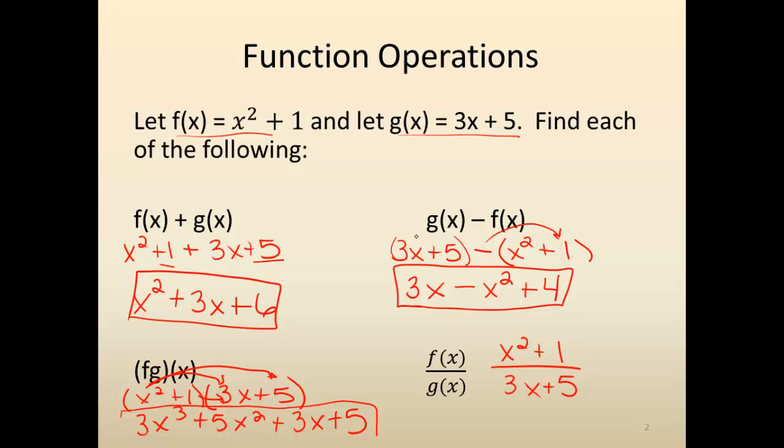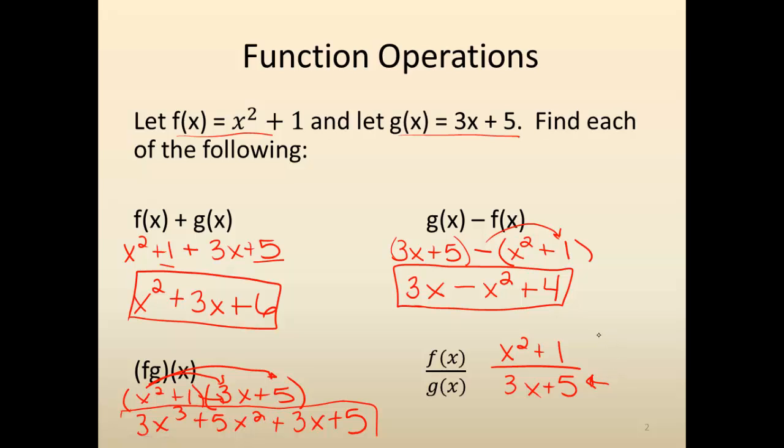When I add, subtract, or multiply those, I create things where the domain is still all real numbers. Division causes problems. Even though by itself each one has a domain of all real numbers, when I create division, I create something where I can't have a 0 in the denominator.